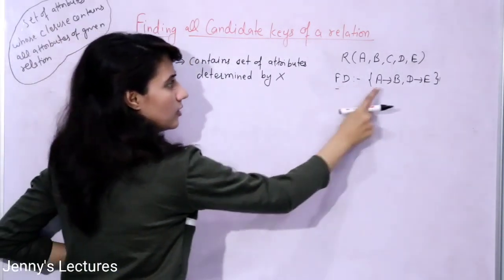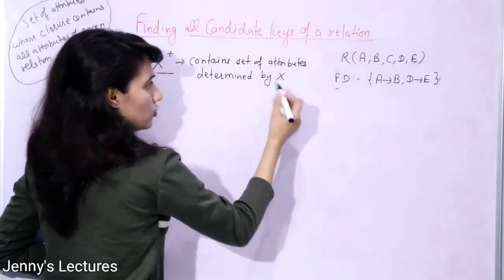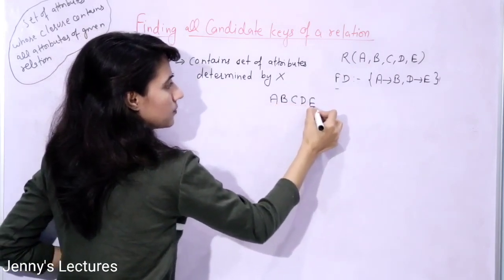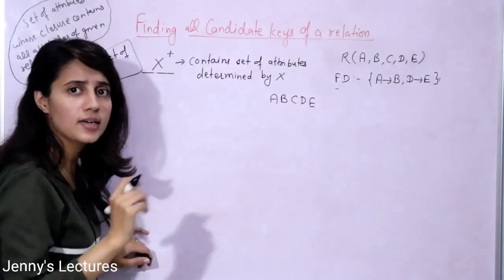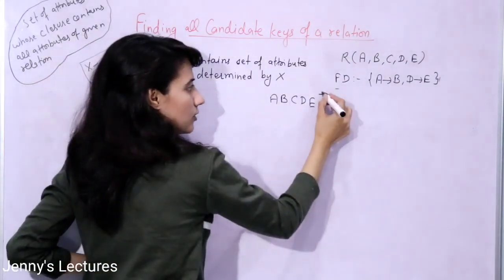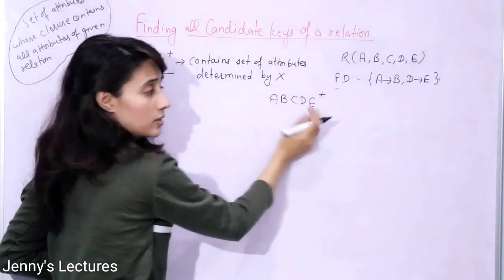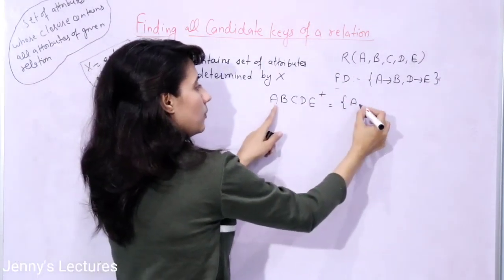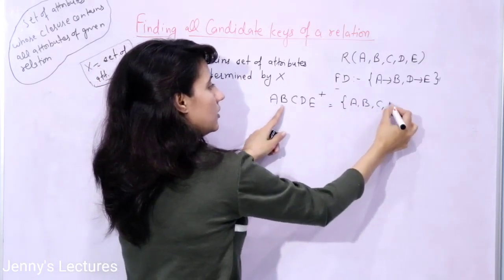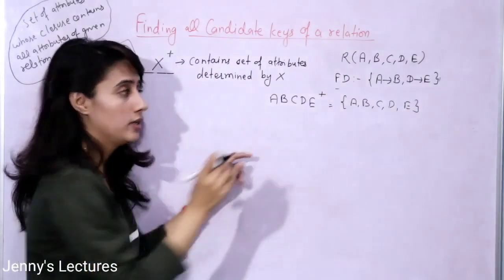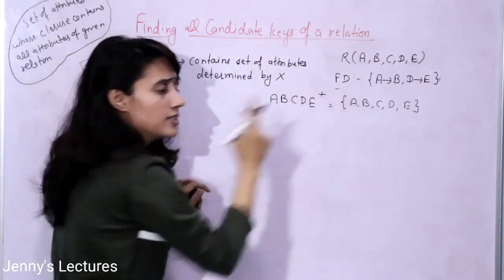Now first of all take this example. See, here the attributes are A, B, C, D, E. This would definitely be a super key. Or you can find the closure of this key, and the closure would be, simply, A, B, C, D and E, because of the reflexivity property: each attribute can determine itself.